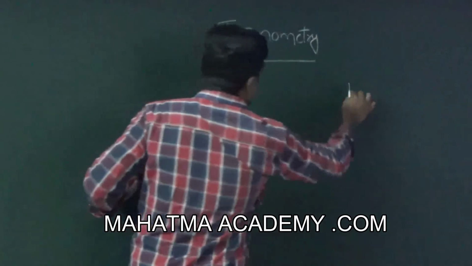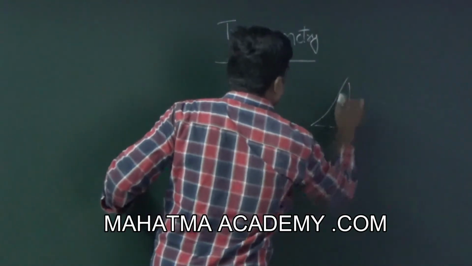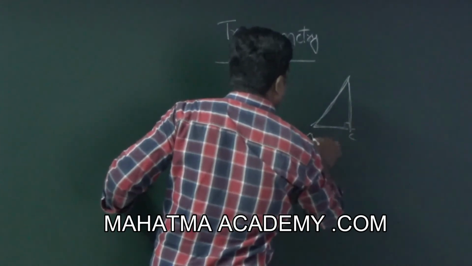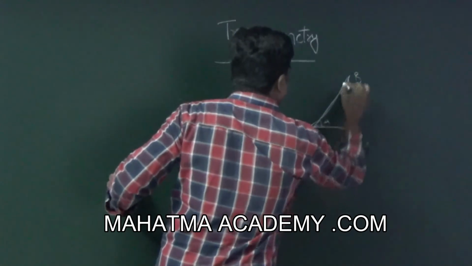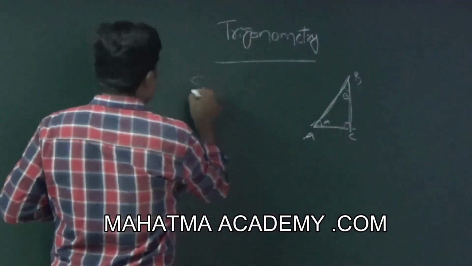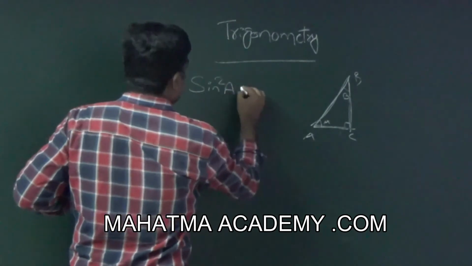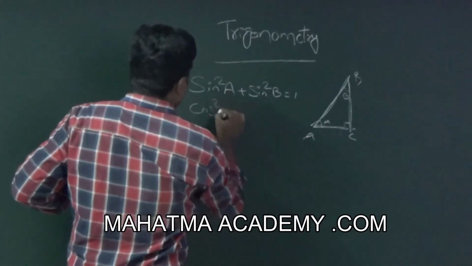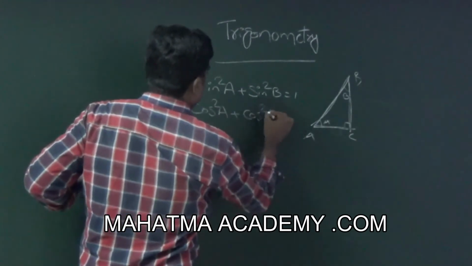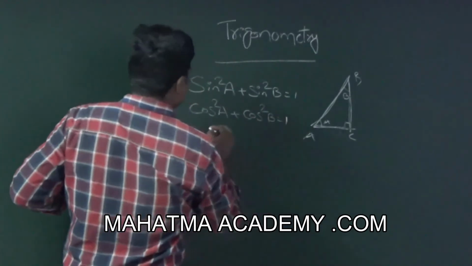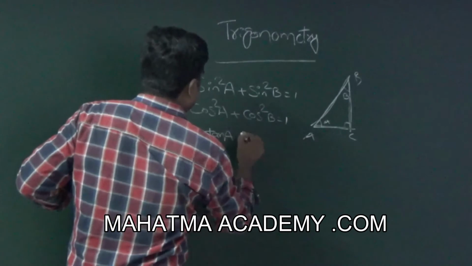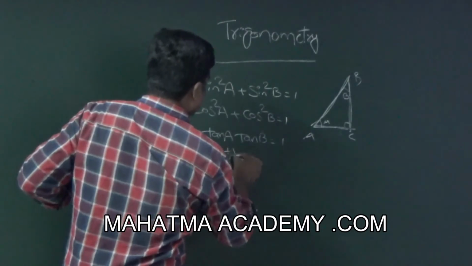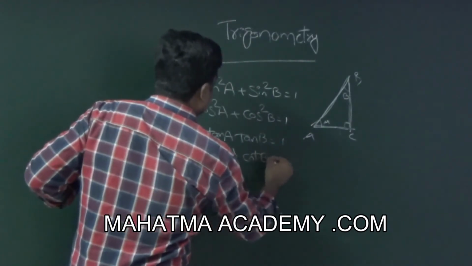In right angle triangle C, A, B, angle A, angle B, what are the formulas we have derived? Sin square A plus sin square B equal to 1, cos square A plus cos square B equal to 1, tan A into tan B equal to 1, cot A into cot B equal to 1.